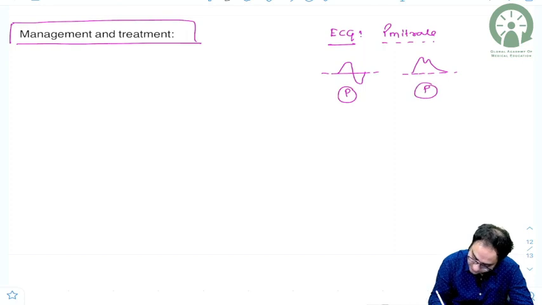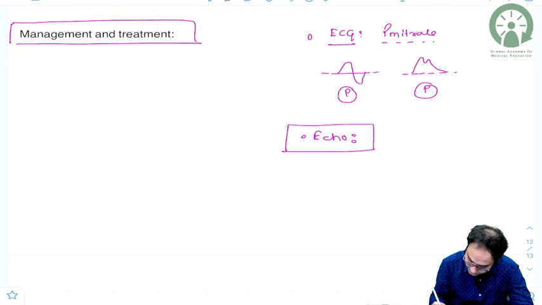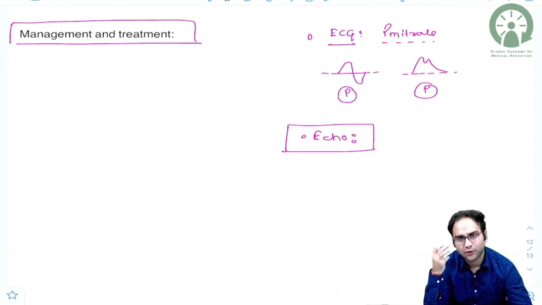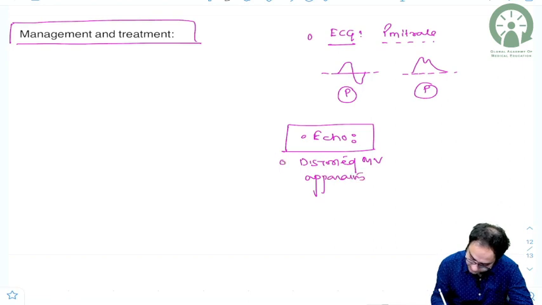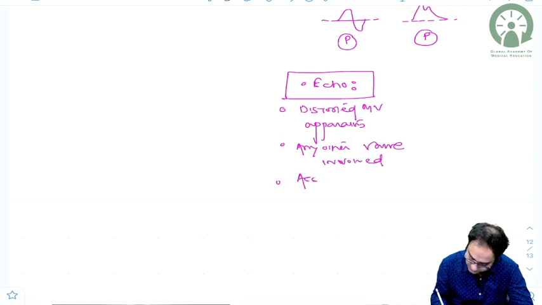Okay. Along with that, in the echocardiography, you can get the distorted mitral valve apparatus. It can also help you to know whether you are having any other valve involvement or not, right, associated regurgitation present or not.